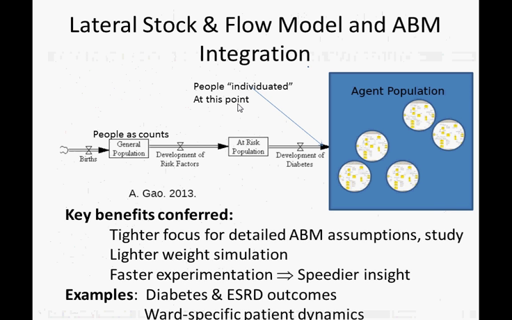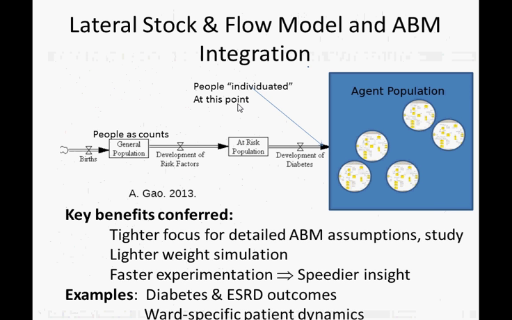Here, they're just numbers. We count the number of people who are at risk rather than individuating them, but they turn into agents with all the benefits of agents: capacity to put into networks, to have a GIS location, the ability to have their history tracked, all those sorts of things. We capture them in this population here.